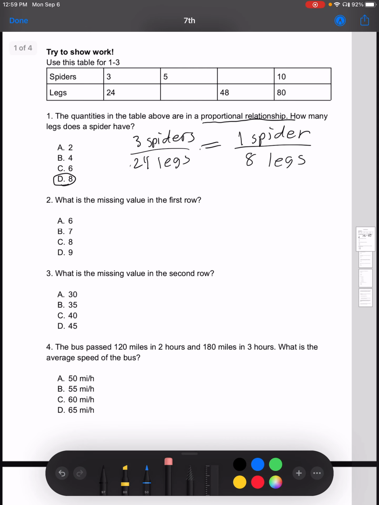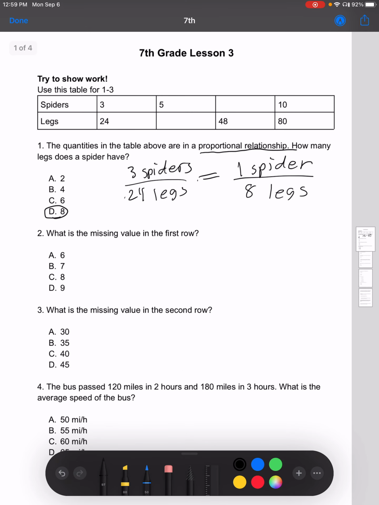We can try 3. What is the missing value in the second row? We want to find whatever that value will be. Well, we know that we have 5 spiders. And in problem 1, we found out that one spider has 8 legs.